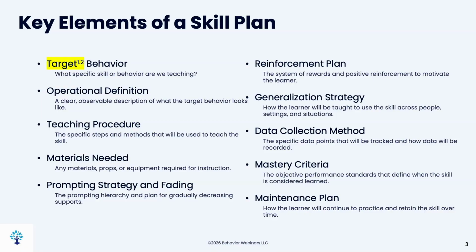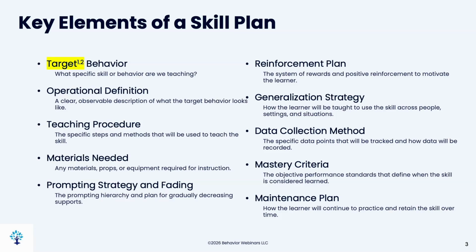I'll get to it. All the materials you might need to teach them this new skill, the prompt strategies and fading. We have a whole section on prompting. We'll have a reinforcement plan, so positive rewards to motivate the learner. We have a generalization strategy to teach this across people and settings.